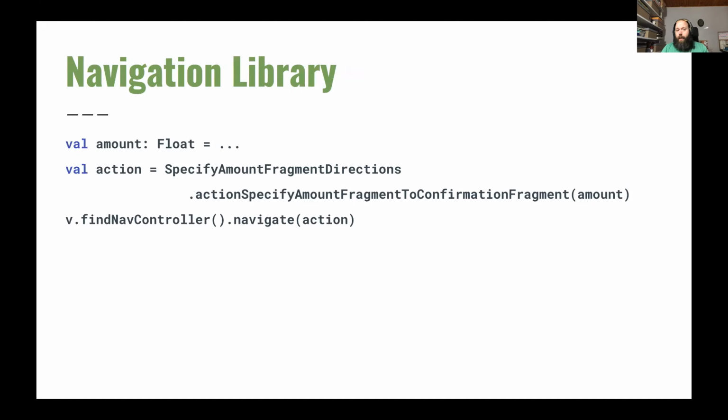With the navigation library, we have the directions and the destinations. The directions are a special class generated by the Safe Args plugin. We will see that later. And basically, when we are using the navigation library, we just have to create our direction, and then find our navigation controller and navigate to that action.